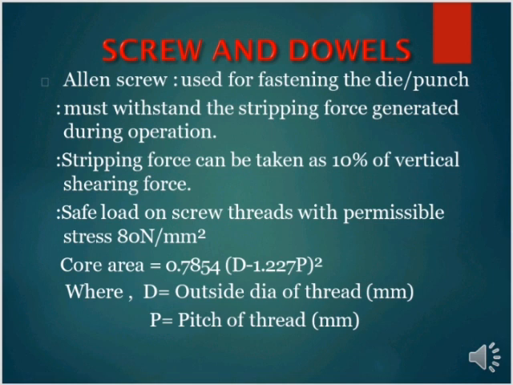Core area is equal to 0.7854 into D minus 1.227 P square, where D is the outside dia of threads and P is the pitch of thread.